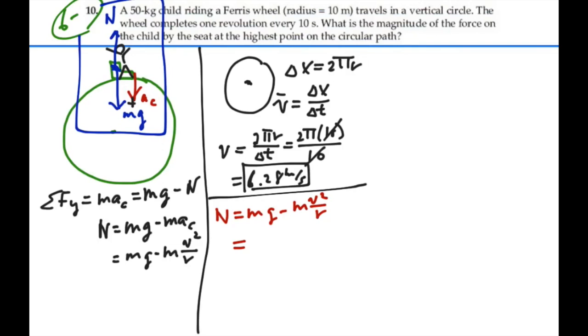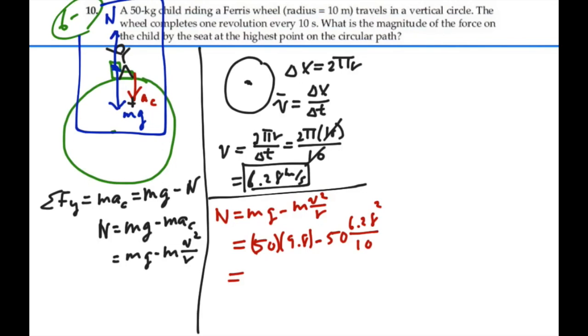So that is going to be 50 times 9.8 minus 50 times 6.28 squared over the radius of the circle, which is 10.